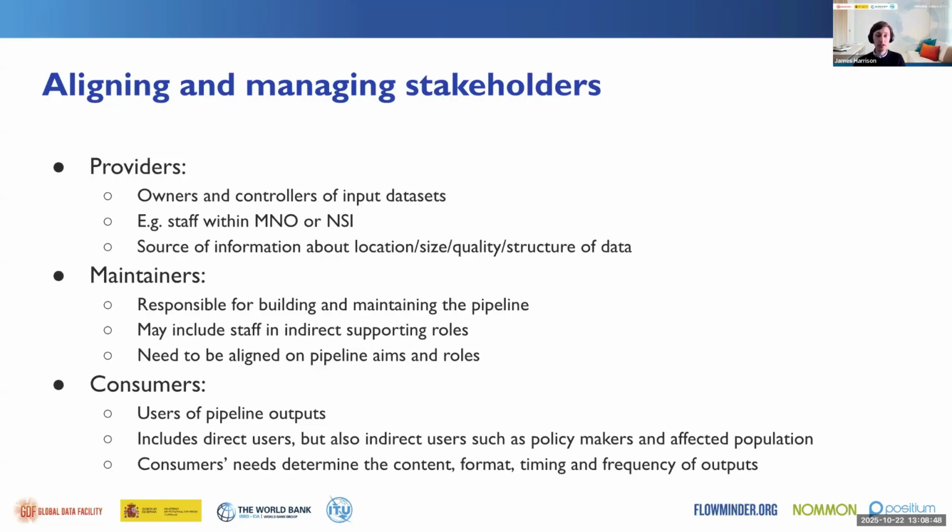So this might be staff within an MNO who control the MPD data feeding into this, the cell locations, things like that, or potentially within a National Statistics Institute. So maybe additional data sets like population reference data, maybe survey microdata that needs to be linked in, things like that.